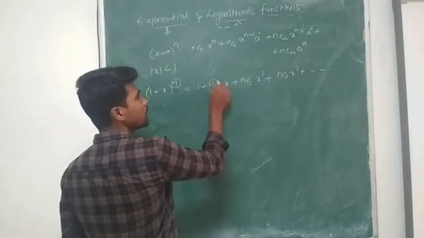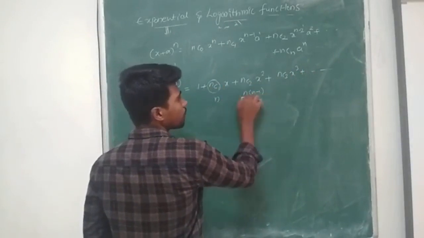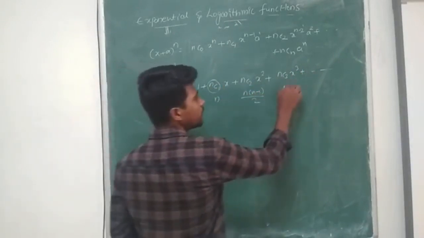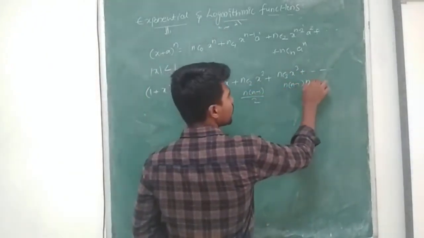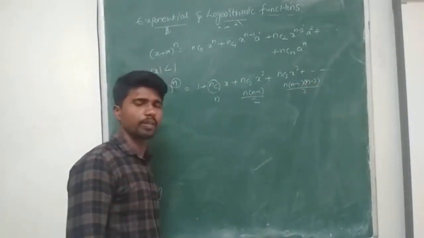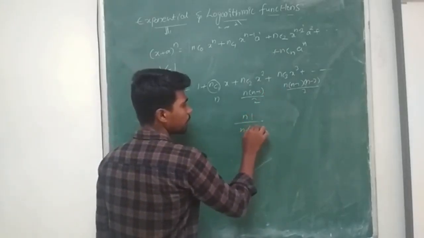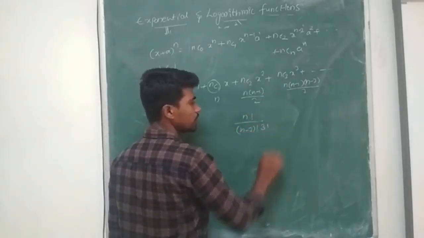What is this nc1? Which is nothing but n. What is nc2? n into n minus 1 by 2. What is nc3? n into n minus 1 into n minus 2 by 3. Just we can go with the formula, nc3 is n factorial by n minus 3 factorial into 3 factorial.